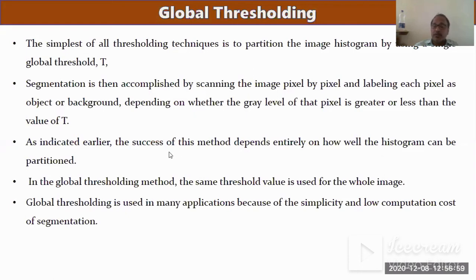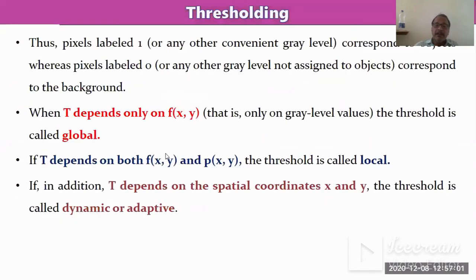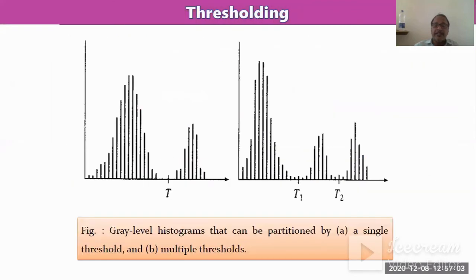So a very important concept here is the histogram. In this histogram we can clearly observe that there are two different regions, or in this section we can clearly see that there are three regions.